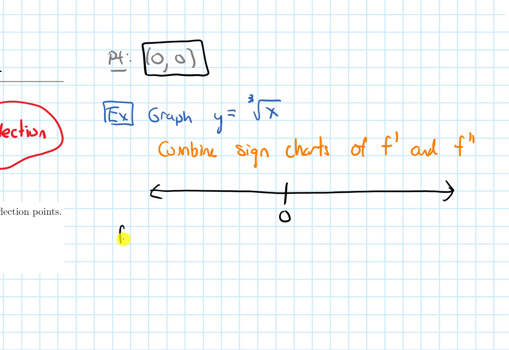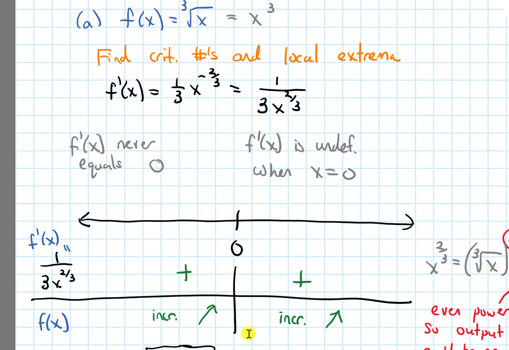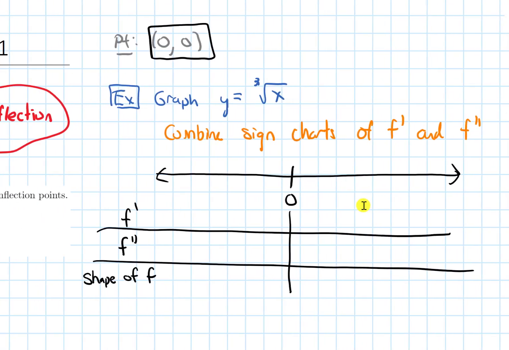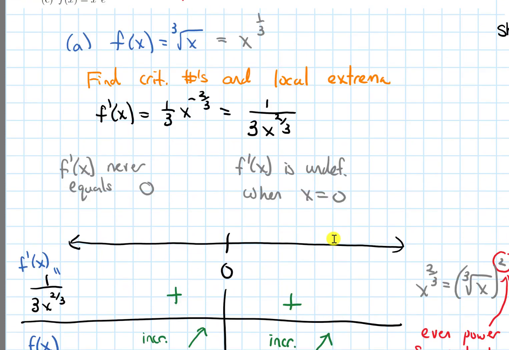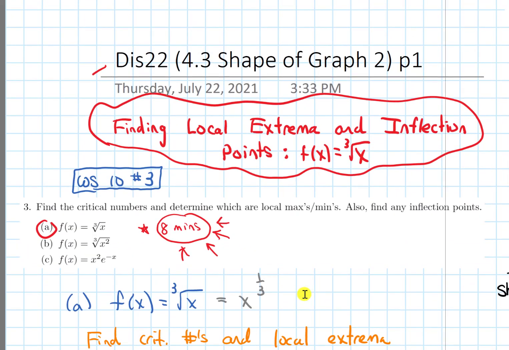Then I'll keep track of my derivative and my second derivative sign, and what that tells me about the shape of f. If we go back to our sign chart for our derivative, this was positive on both sides, so this is also going to be positive on both sides of 0. Our second derivative sign chart was positive to the left and negative to the right of 0, so let's indicate that.